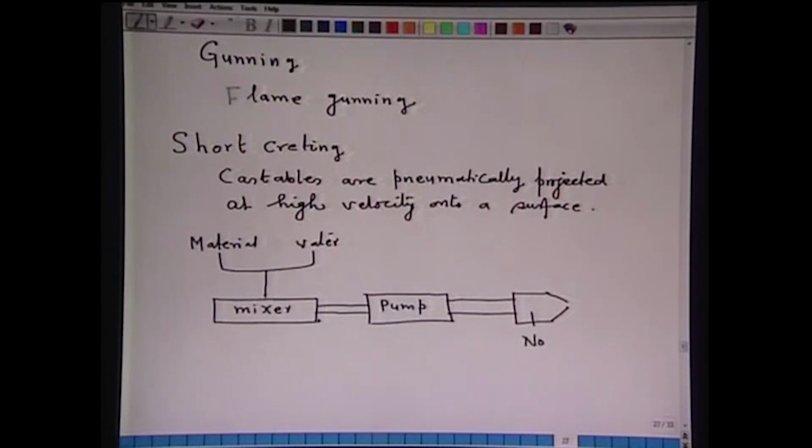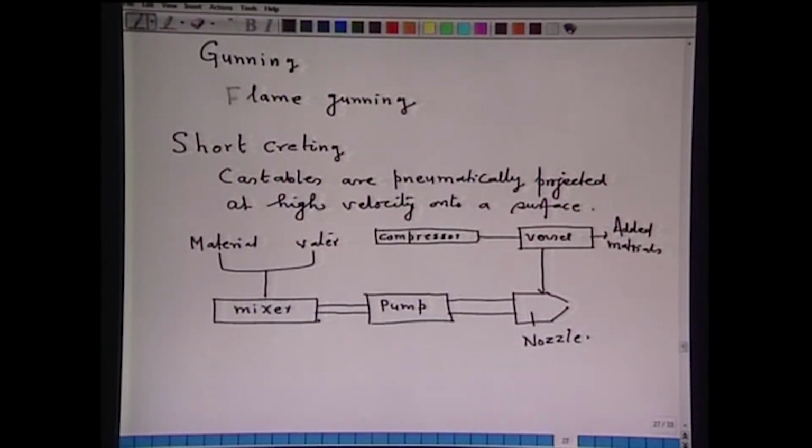So, this is a nozzle. Now, here we have a compressor. This is a compressor. This is a vessel. Now, in this vessel some materials are added, and this is also going to the nozzle. So, that is the way in which the shotcreting method works.